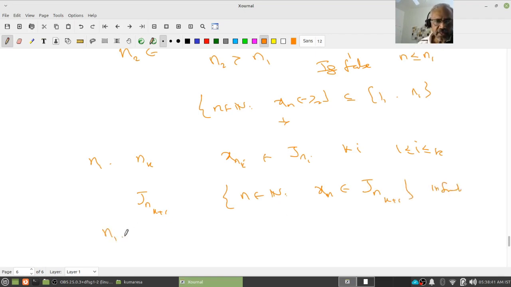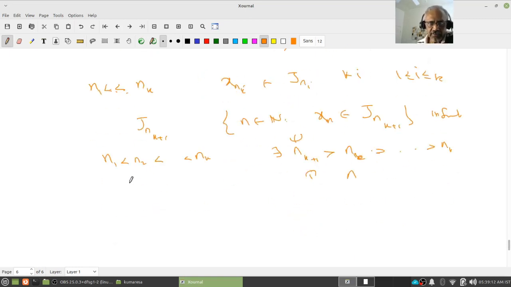Now let's look at n1 less than n2 less than nk. This is a finite set, and this is an infinite subset of natural numbers, therefore there exists an n(k+1) which is greater than n1, ..., nk, and hence greater than all, such that n(k+1) belong to this set. Do you understand this?